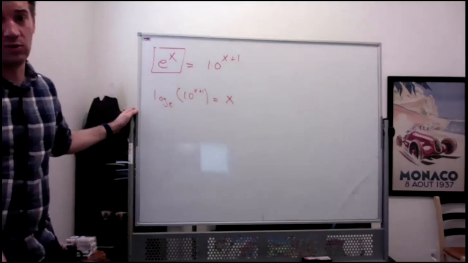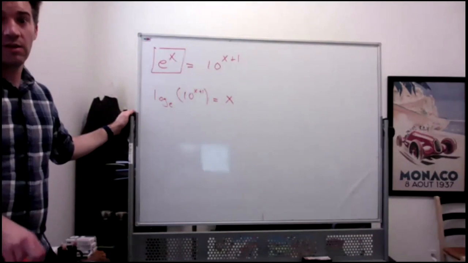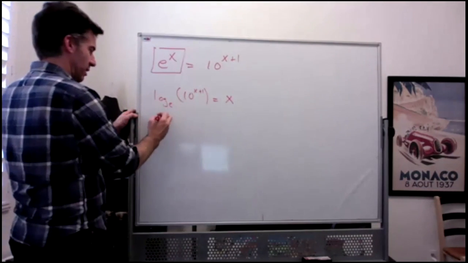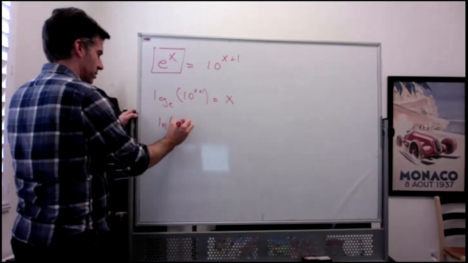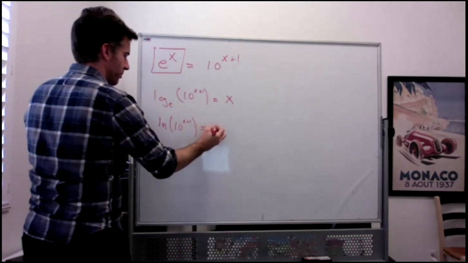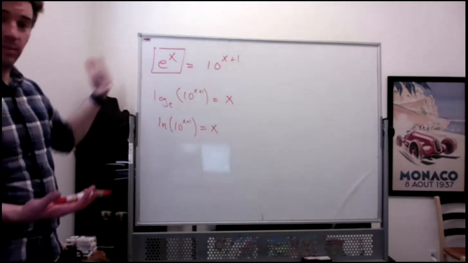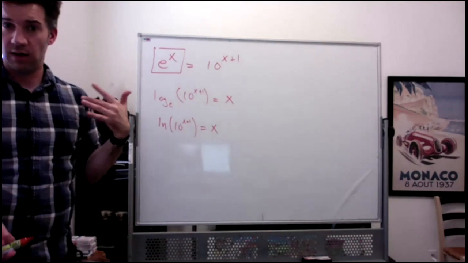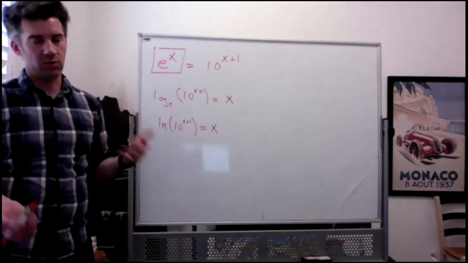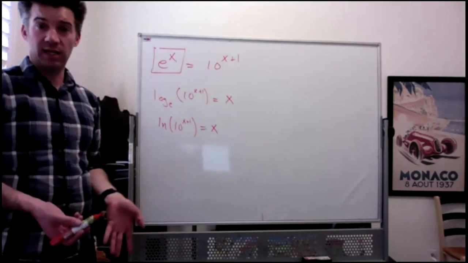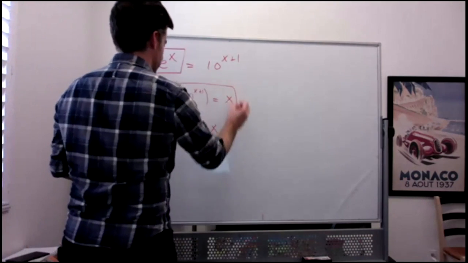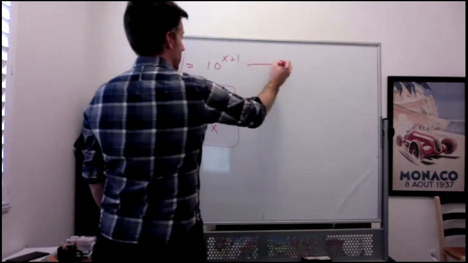This is not what people usually do. I should say this would be a natural log of 10 to the x plus 1. Here's what people usually do when these exponential equations start getting more complicated. They just take the natural log, or sometimes log base 10, of both sides of the equation. So instead of doing this, although this is fine, we do this.